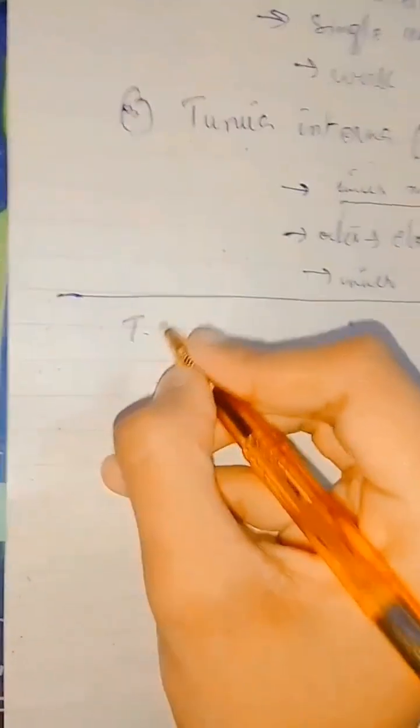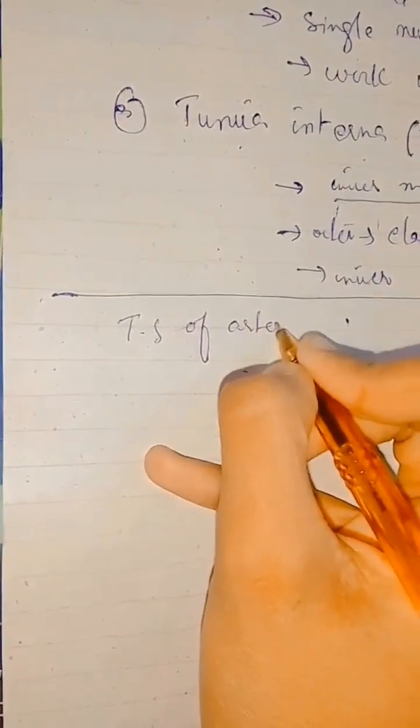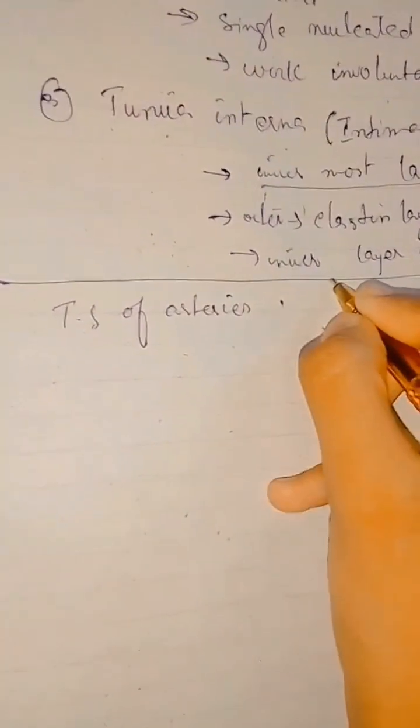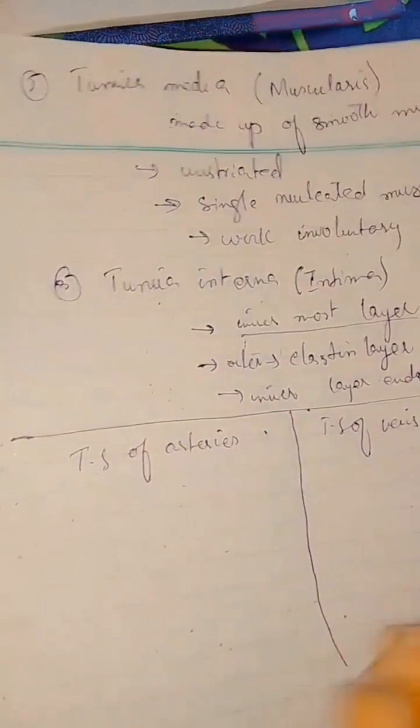If we talk about the transverse section of arteries and the transverse section of veins, what is the difference between them?